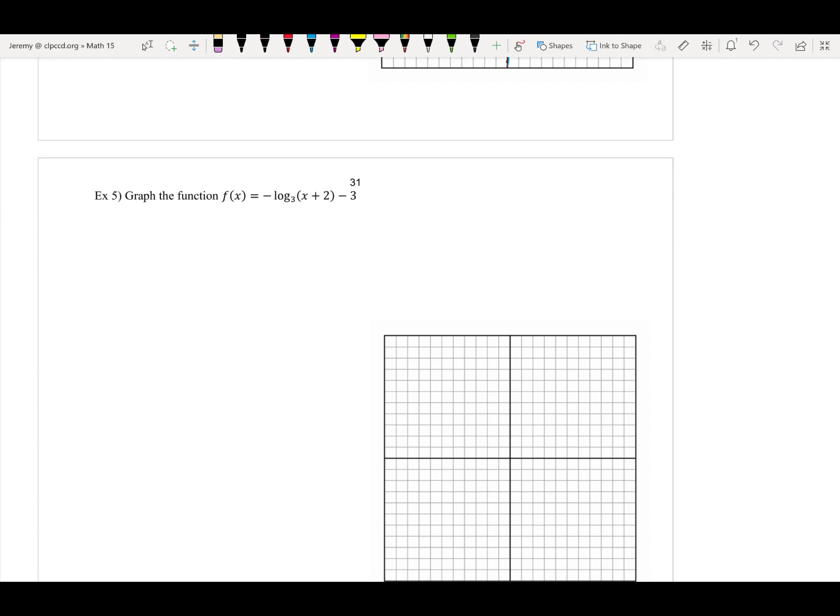So when we're graphing functions that have more going on, like this one here, I'd rather not have to think too hard about getting the graph of the parent function so that I can just focus on the transformations. Because for this one, the parent function, p of x, is just going to be log base 3 of x.